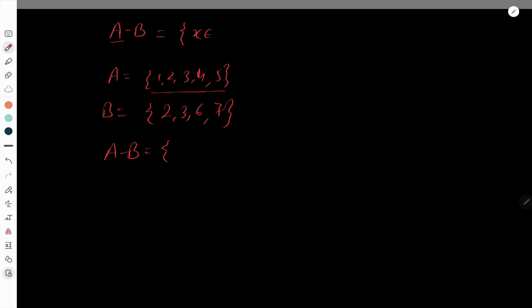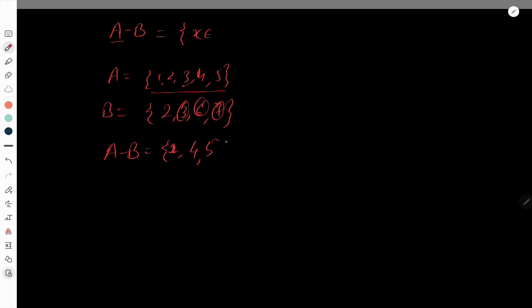A minus B means all the elements which are in A but not in B. 1 is not in B, so 1 will be here, no problem. 2 is here, so 2 is removed. 3 is in both, so 3 is removed. 4 is not there, so 4 will remain, and 5 will remain. 6 and 7 are not in A, so you cannot remove them.